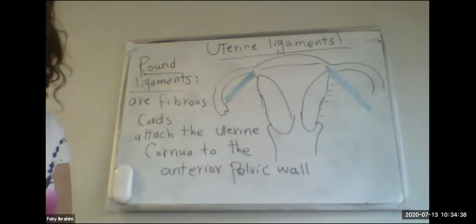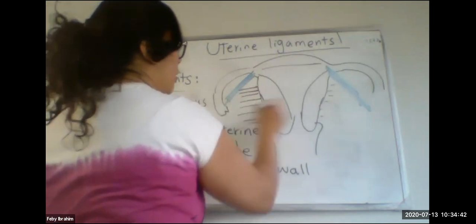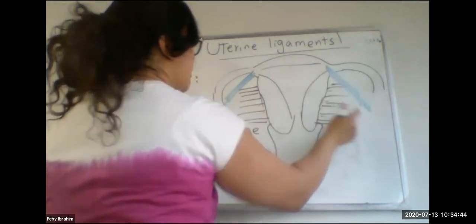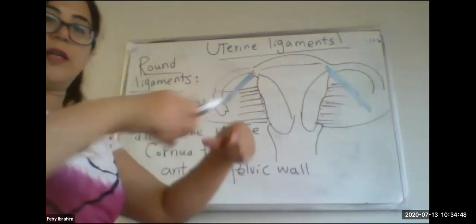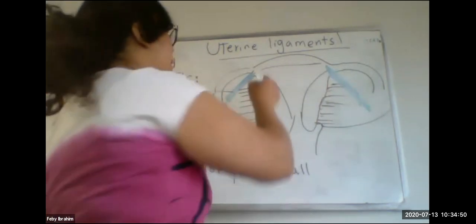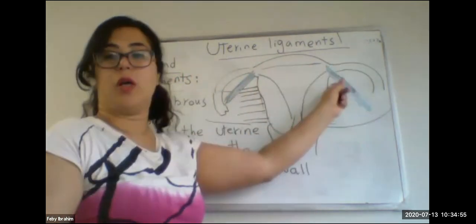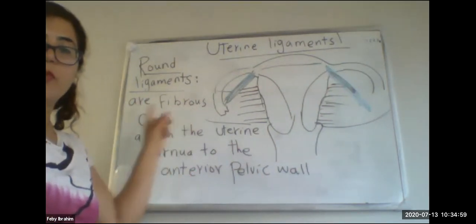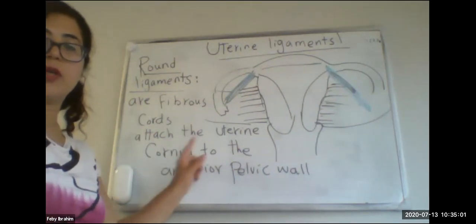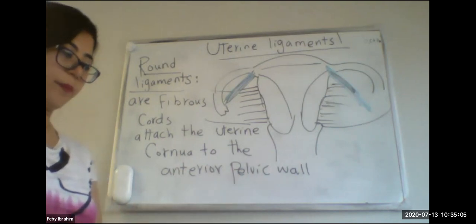From the sides of the uterus to the side wall of the pelvis, it gives lateral support. The round ligament will be here at the level of the cornua, to the anterior pelvic wall. Round ligaments are fibrous cords that attach the uterine cornua to the anterior pelvic wall.